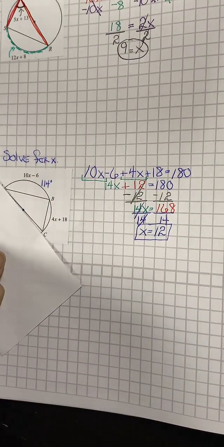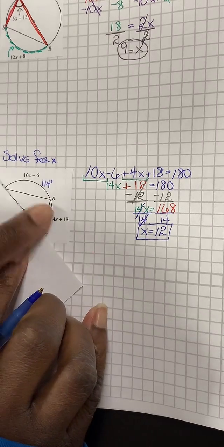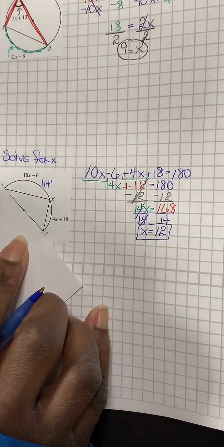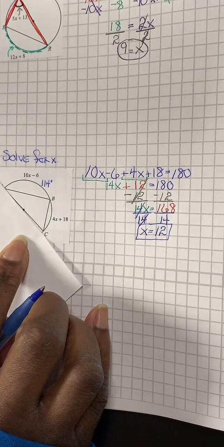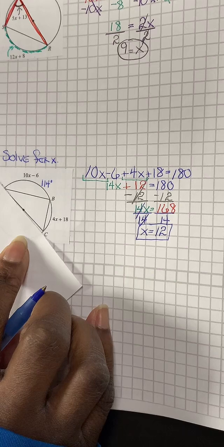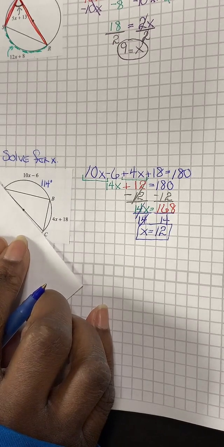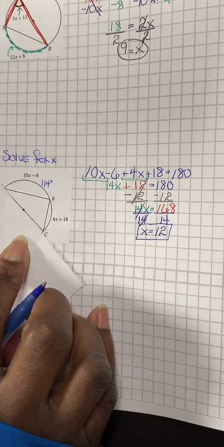Good, nice, Michelle. So if that's 114 and this whole arc is supposed to be 180, what's 180 minus 114? Not 64. 60 something, but not 64.